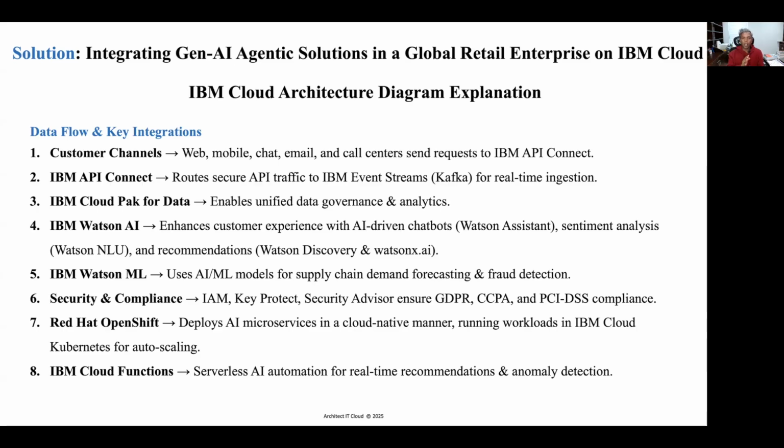The API Connect routes the data securely, and the API traffic will be passed to the IBM Event Streams. In this case, the data can be passed from IBM API Connect to Event Streams. Also, Event Streams can get the data directly from the customer-facing applications. It can be real-time data, and it uses Kafka underneath. It's open source technology, so that you can get the data stream properly and securely.